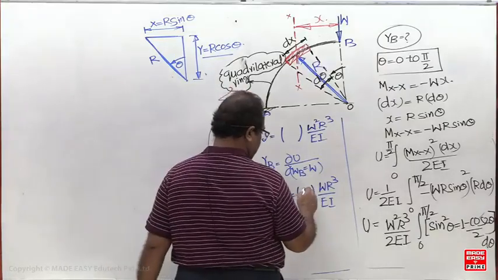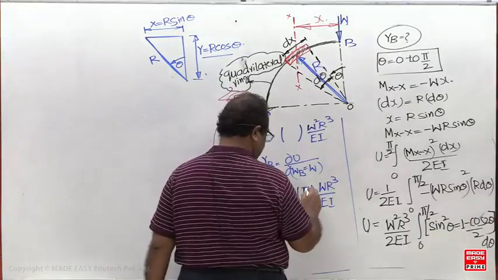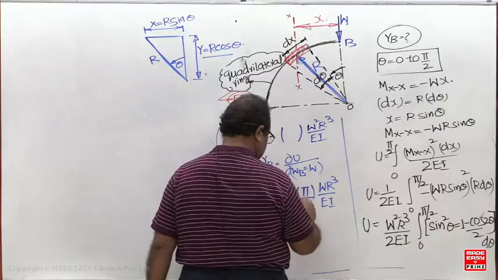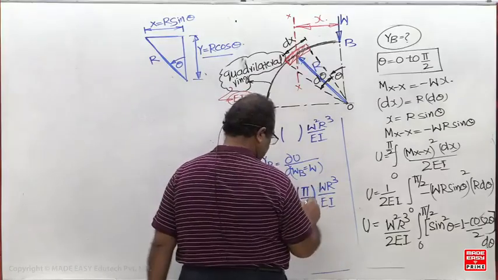What is the final constant? Pi by 4 or pi by 2 here now?